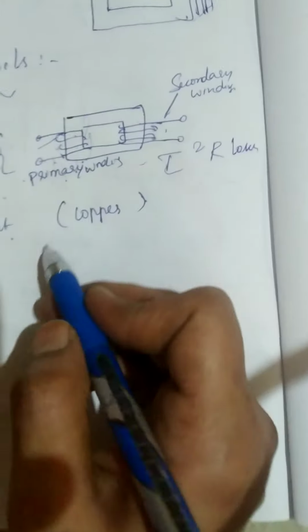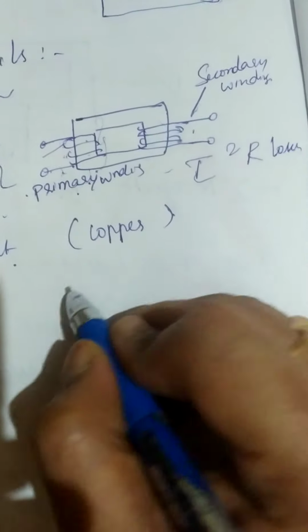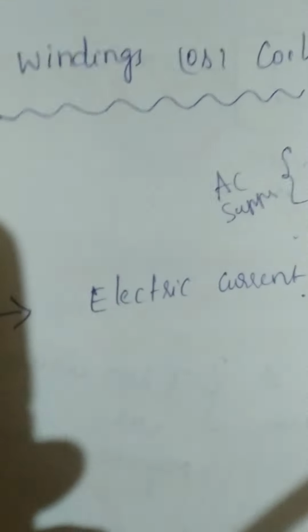I square R losses are also called copper losses.